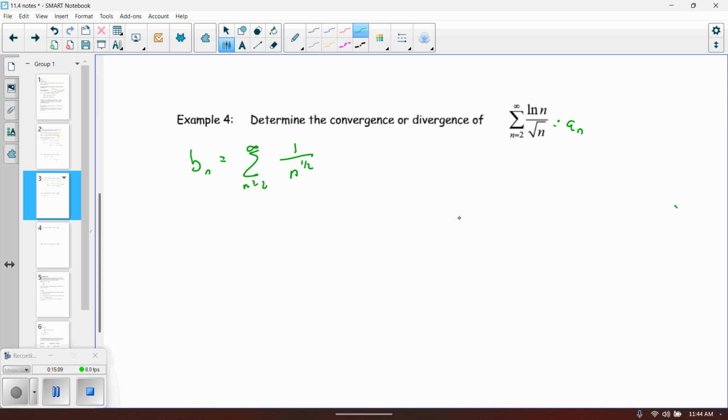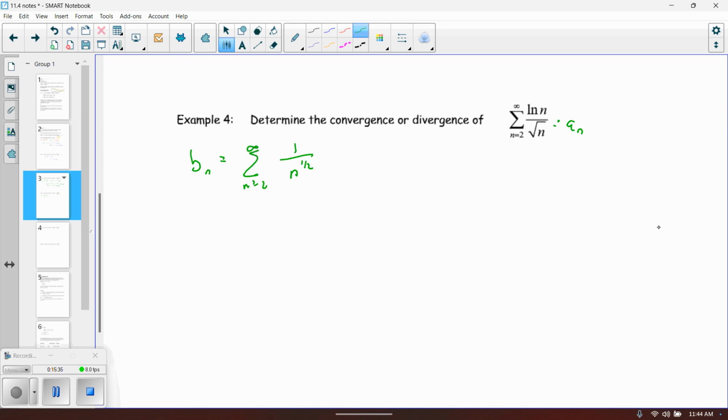Because of the way the natural log of n and the square root of n grow, very slowly and very similarly, I would personally think that this would probably be divergent, but we're going to find out pretty quick. Because I think it's going to be divergent, we're now looking for something which is less than a sub n, but is also divergent.